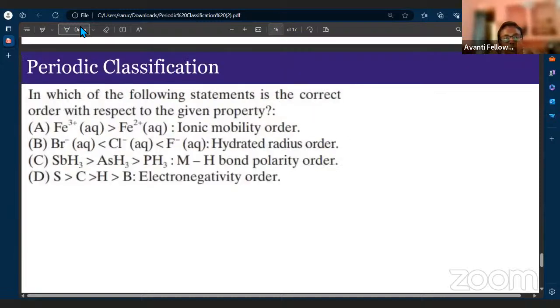Which of the following statements is the correct order with respect to the given property? They have given you ionic mobility order, hydrated radius order, bond polarity order, and electronegativity order. Can you guess the options?